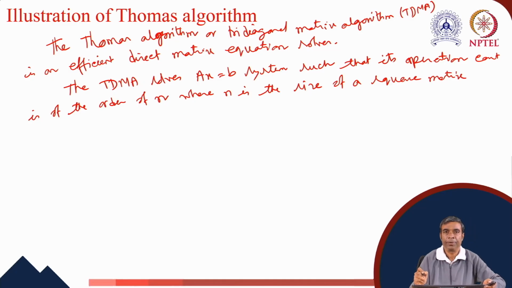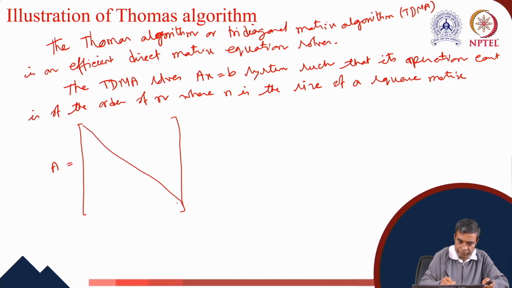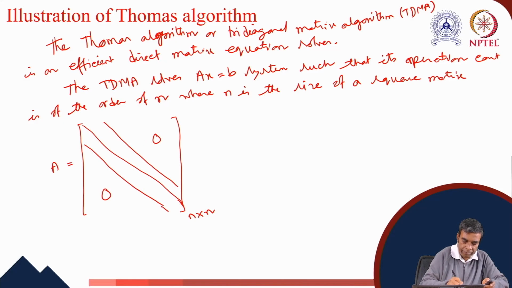By tridiagonal matrix, we indicate the square matrices having three diagonals. A matrix capital A, when it is tridiagonal, it has three diagonals. So size of the matrix is n by n. So one main diagonal, one super diagonal, and one sub diagonal. So the remaining terms are 0. So here we identify this as super diagonal.